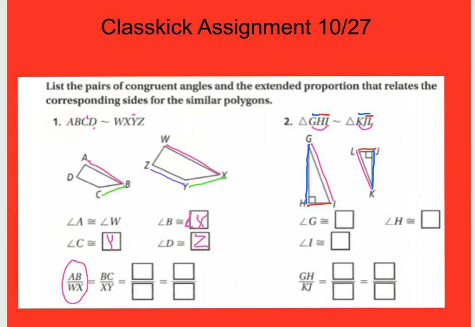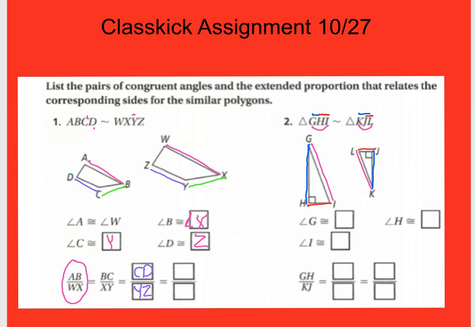So YZ and CD. And the first shape is on top. So CD and YZ. You could also, and I'm just going around, so I put C first. I mean, if you put DC, you would need to put ZY. So it's the same order.